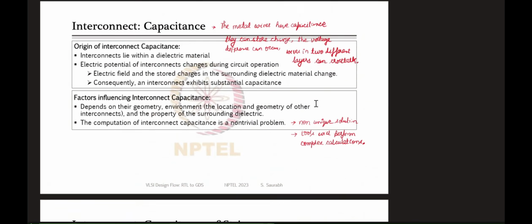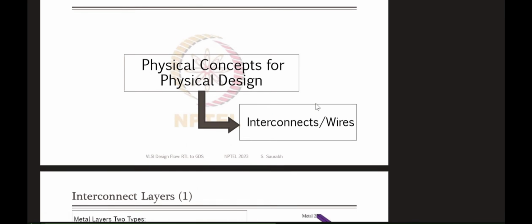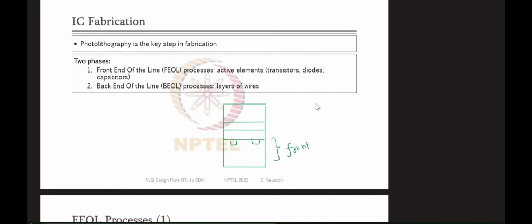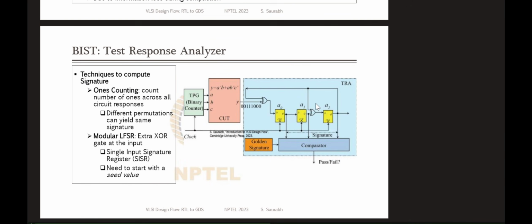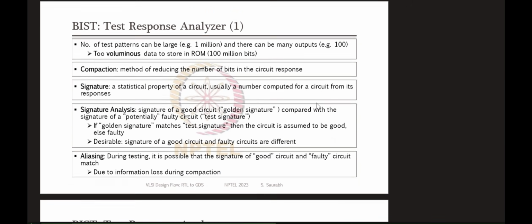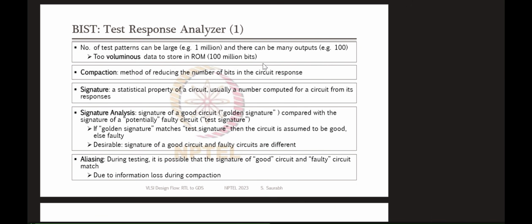Let's go there. Yeah, it's just before the physical design part has started, I guess. Yeah, this one. As you can see, during testing it is possible that the signature of a good circuit and a faulty circuit match. If the signatures of the good circuit and the faulty circuit are matching, then it is called aliasing.